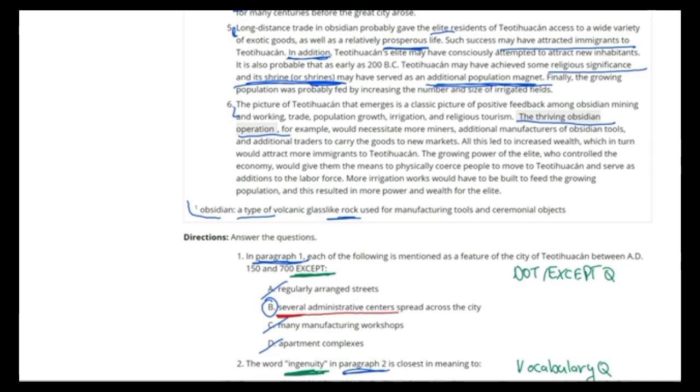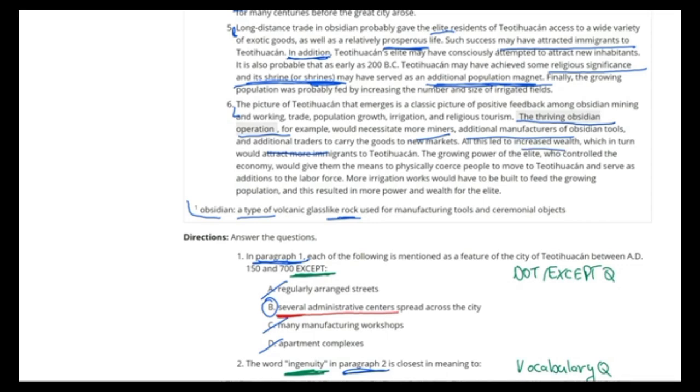The thriving obsidian operation. This is the expression that is mentioned in the question, and we need to figure out why he mentions that. For example, would necessitate more miners, additional manufacturers, additional traders to carry the goods to new markets. All this led to increased wealth, which in turn would attract more immigrants to Teotihuacan.